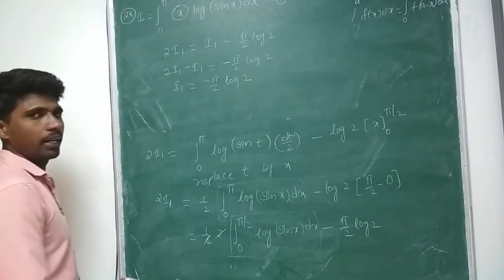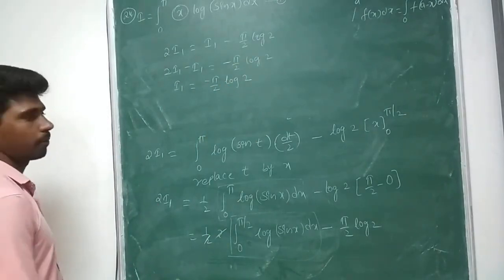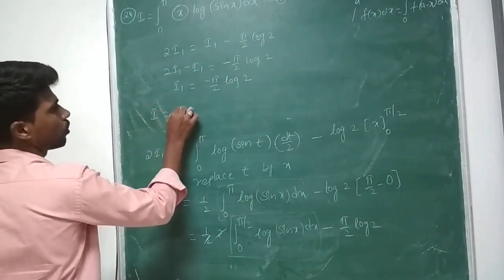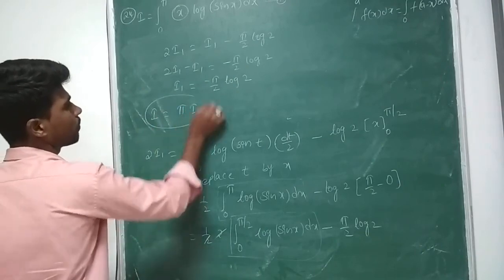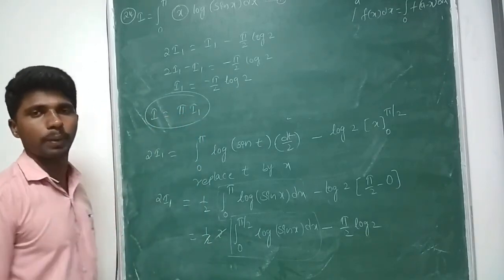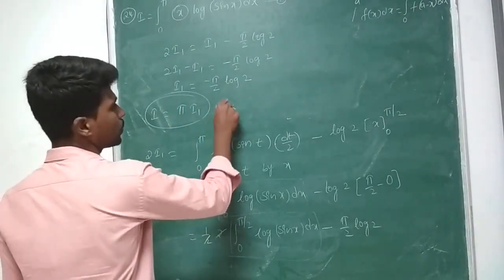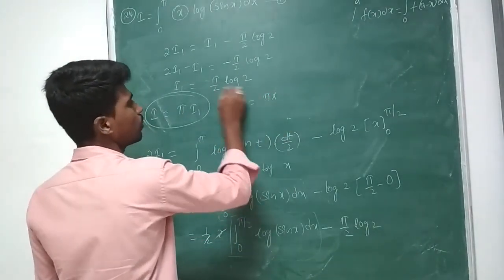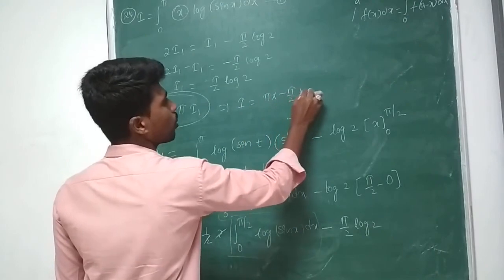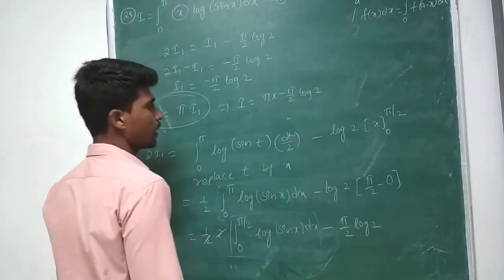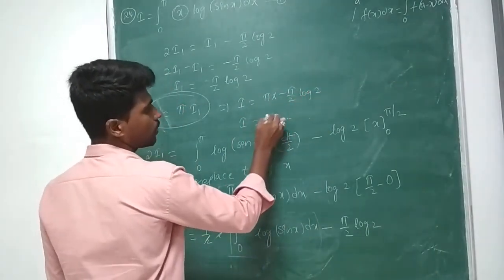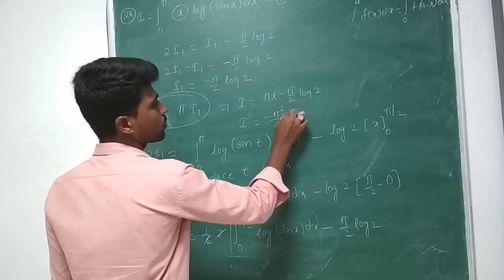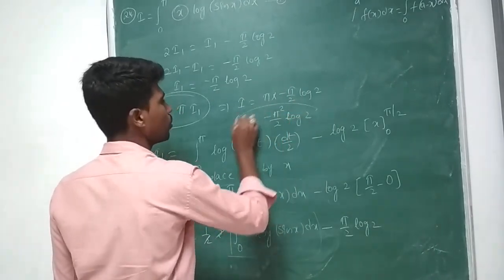Substitute in the beginning, what we need, I, where I is equal to pi into I1. So if you substitute there, I get I is equal to pi into minus pi by 2 log 2. Therefore our answer, I is equal to minus pi square by 2 into log 2.